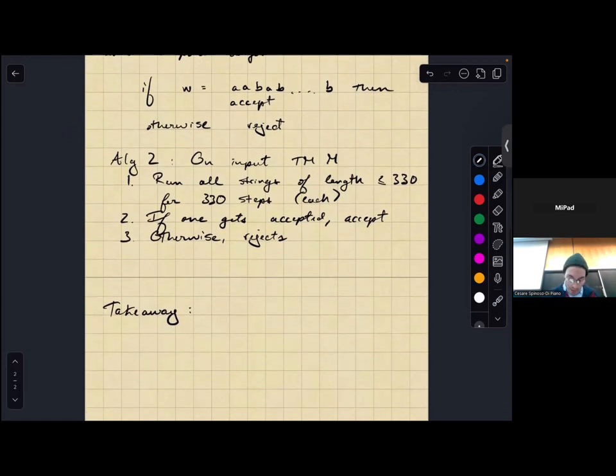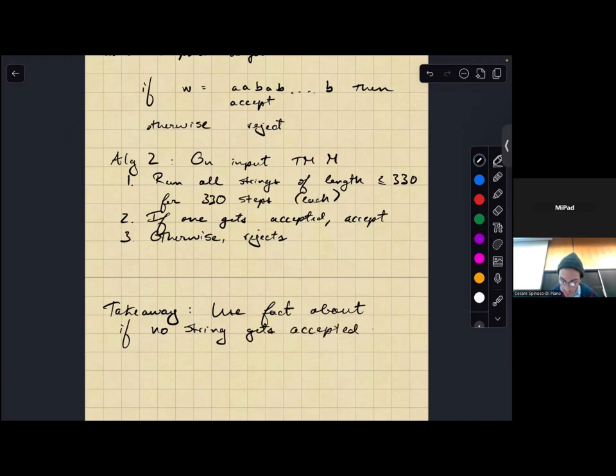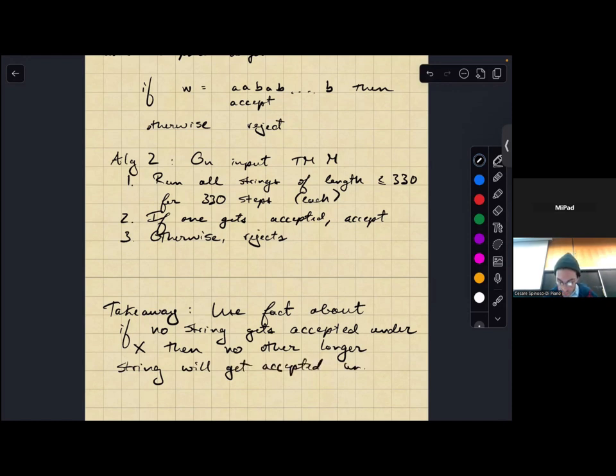So the takeaway is to use a fact about this: if no string gets accepted under X, then no other longer string will get accepted under X. This is an aggressive hint.